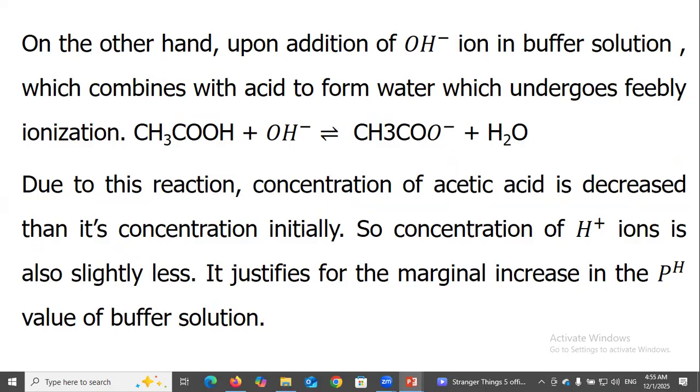On the other hand, upon addition of hydroxide ion to the buffer solution, it combines with the acid to form water and ethanoate ion. Due to this reaction, the concentration of acetic acid is decreased from its initial concentration. So the concentration of hydrogen ions is also slightly less, which justifies the marginal increase in the pH value of the buffer solution.